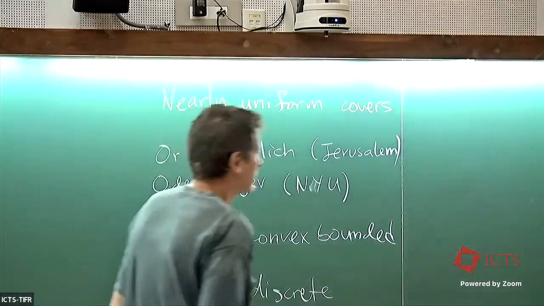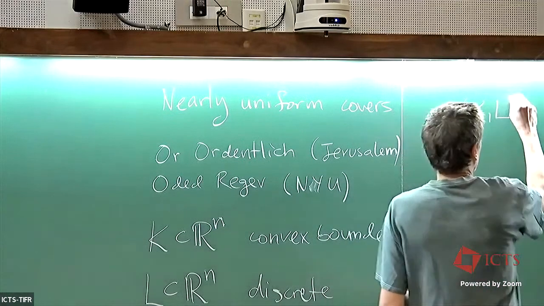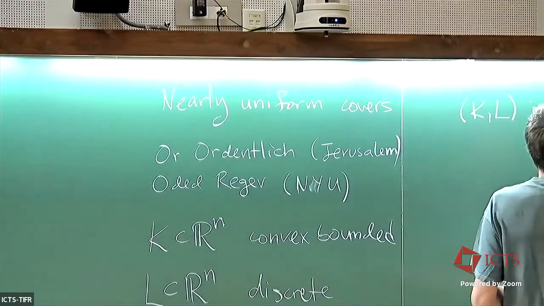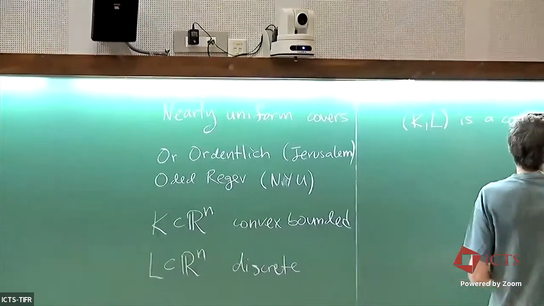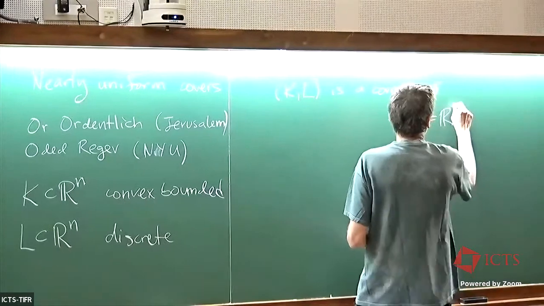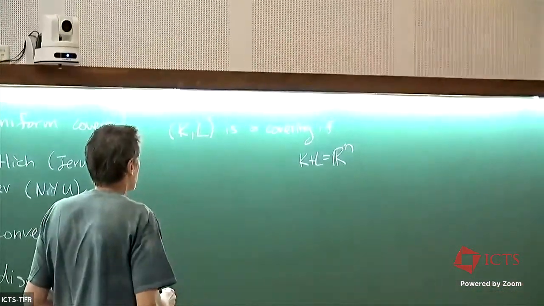So let me give you some definitions here. The pair K, L is called a covering if the translates of K by elements of L cover all of Rn.